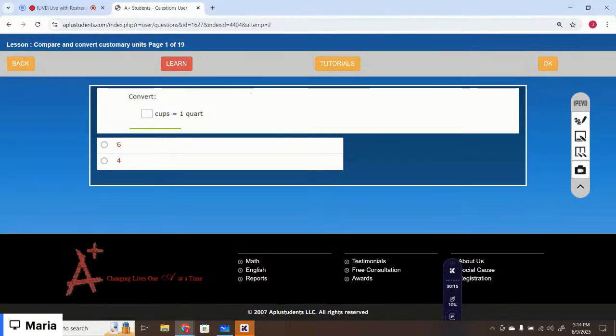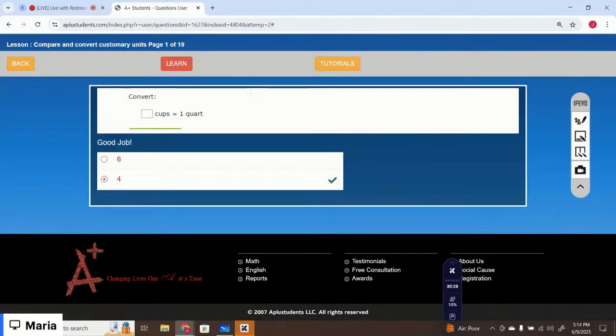1 quart equals how many cups? 1 quart equals 4 cups. Option number two is the correct option.